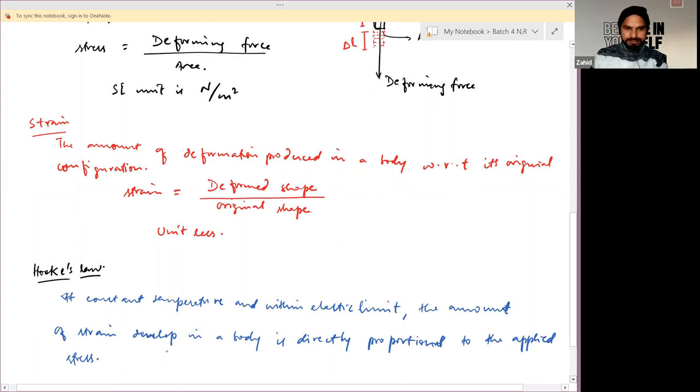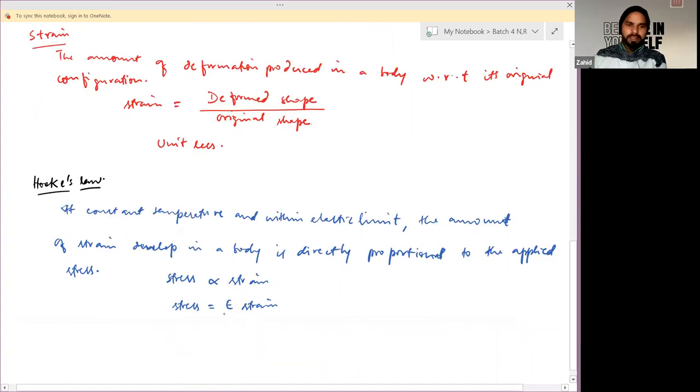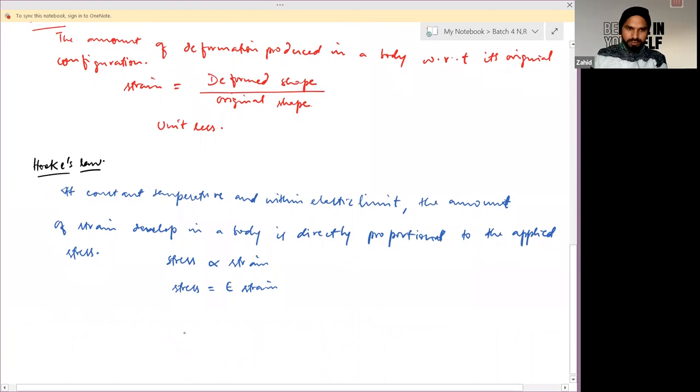It means stress is directly proportional to strain. So if you replace this proportionality sign by a constant term, it will be stress equals E times strain, where E is the proportionality constant, which is also called the modulus of elasticity.